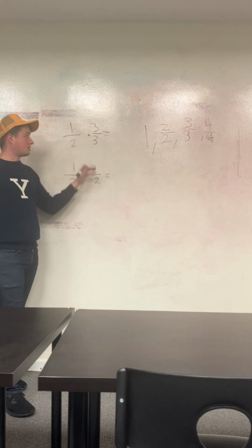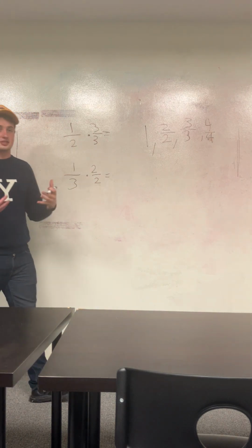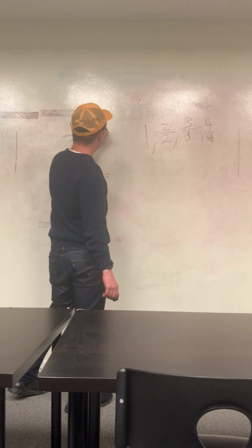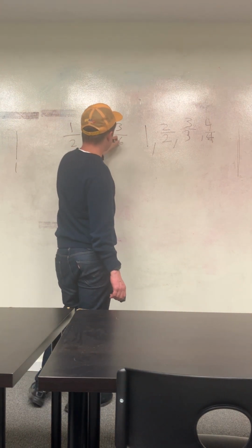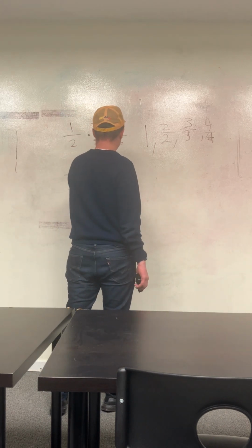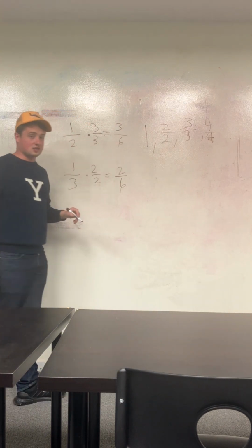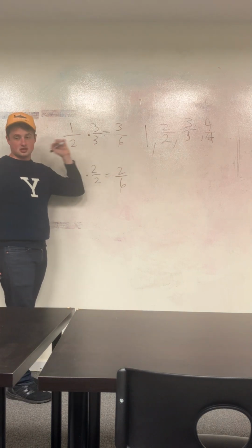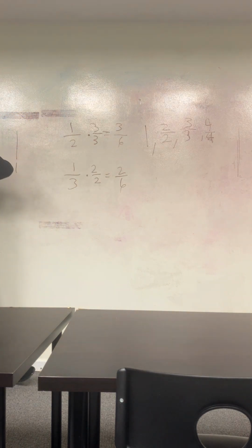So we're doing the same thing to both numbers, so that's completely fine. Now we can multiply across: 3 over 6, 2 times 1, 3 times 2 is 6. Miraculously, we now have 2 numbers with a denominator of 6, which is what we want.